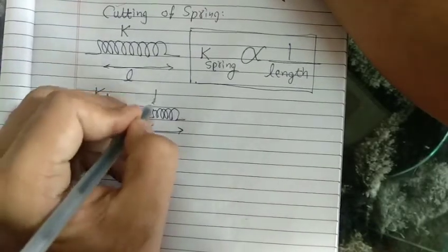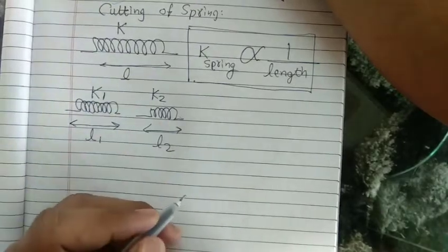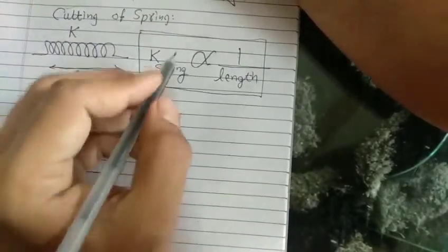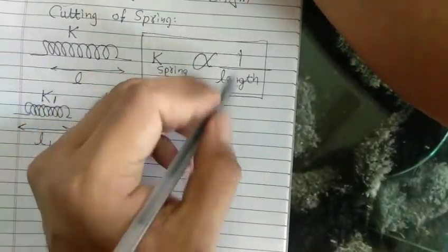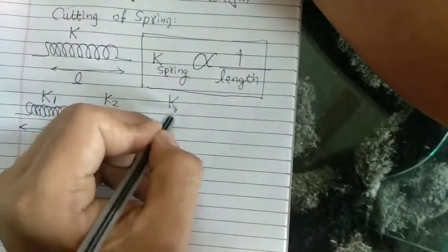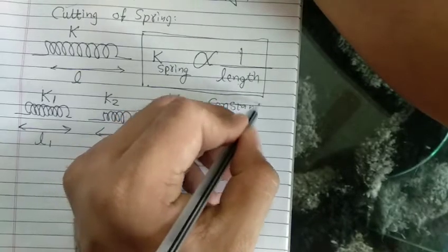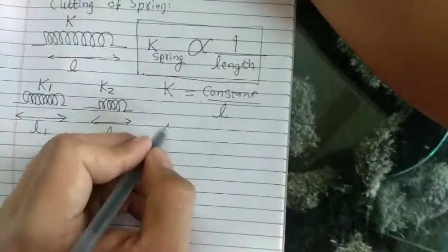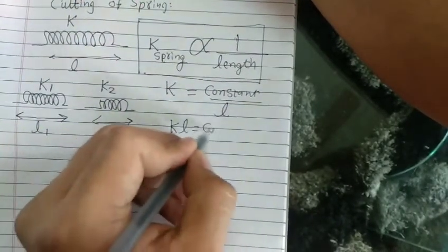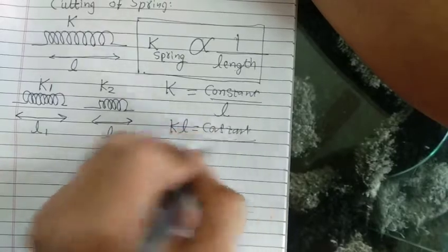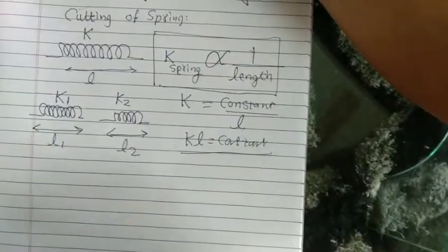Its constant will be K1 and K2. Since you know that K is inversely proportional to the length of a spring, on removing this proportionality, we have to put a constant. So we can understand KL product is constant.